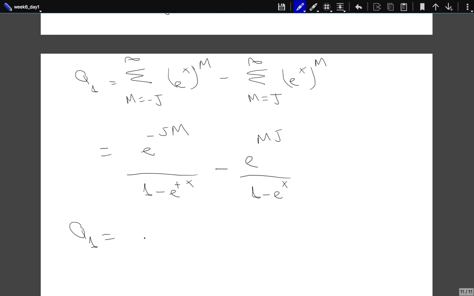Q1 is equal to minus twice cosine hyperbolic, no, sorry, not mj, jx, cosine hyperbolic xj, divided by 1 minus e to the power x.